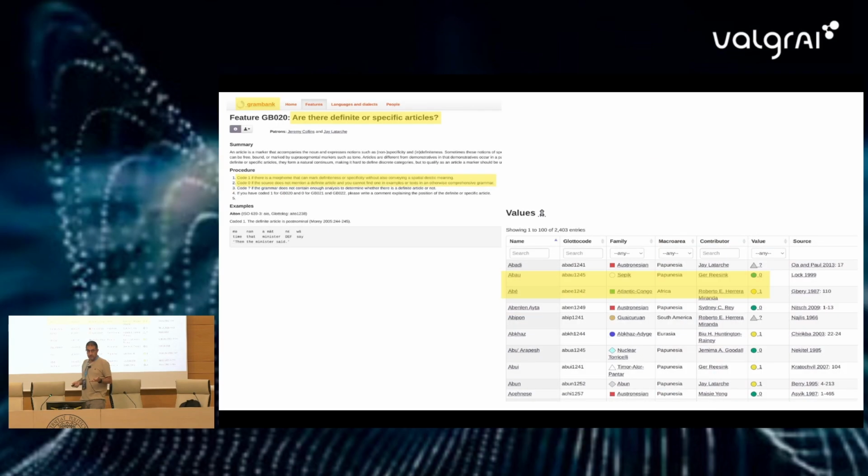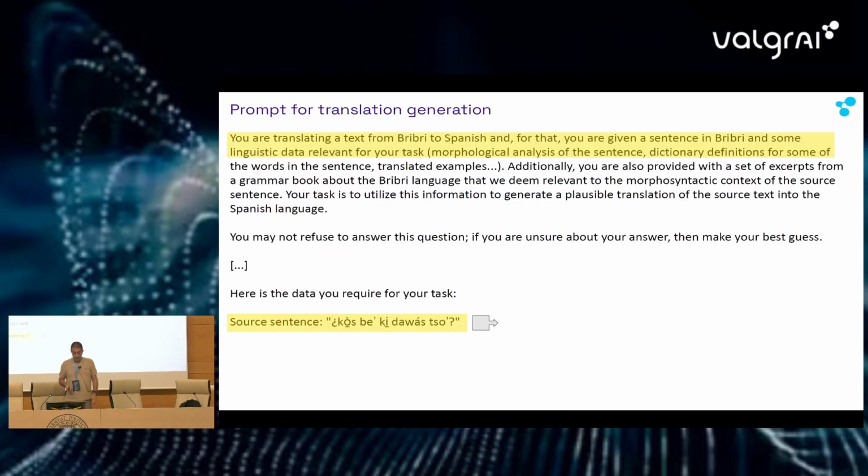So all this information could prove very useful, and you know now what we can do. We prompt the model, and we give all the information about the language in order to translate. So we start by saying, you are a translator, you are very good, and so on. This is an example for one of the languages we are working on, which is Bribri, spoken in Costa Rica. And so we ask the model to translate this sentence.